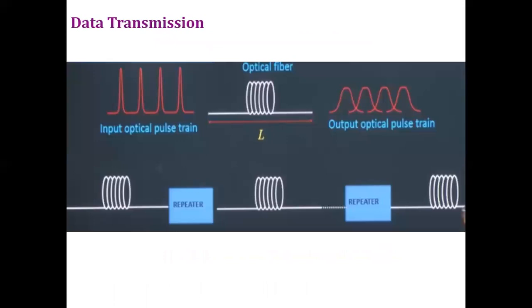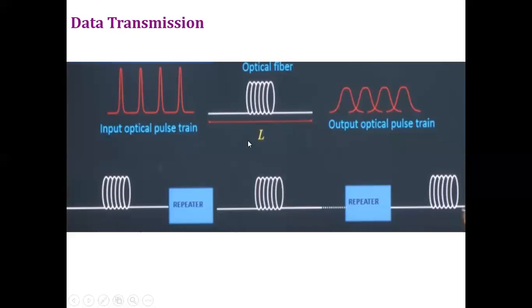Now let us look at data transmission, the propagation of optical pulses through an optical fiber. If I have my data encoded in an optical pulse train, here we have the input as a sequence of zeros and ones, and when I send this pulse train through an optical fiber, then at the output end the shape of the pulses becomes like this, with some broadening or overlapping.